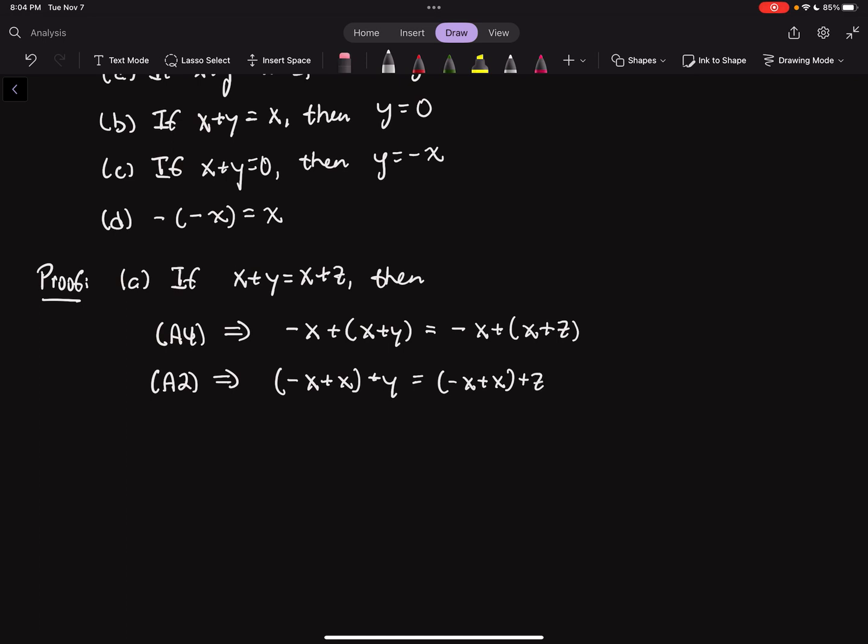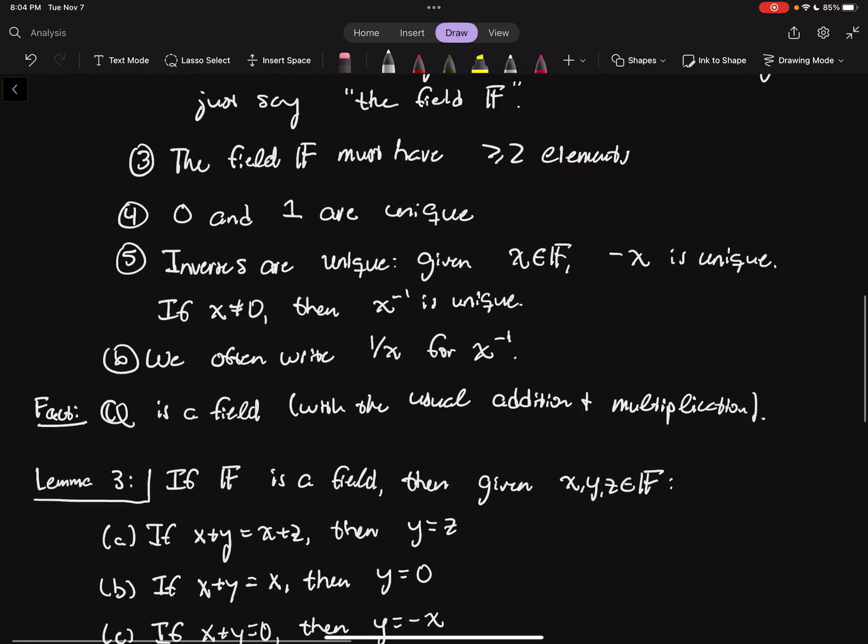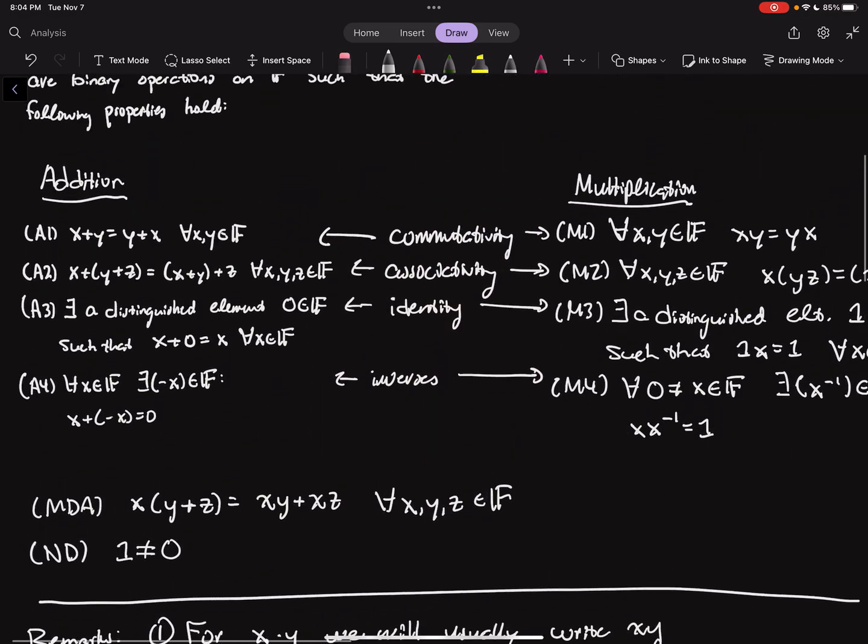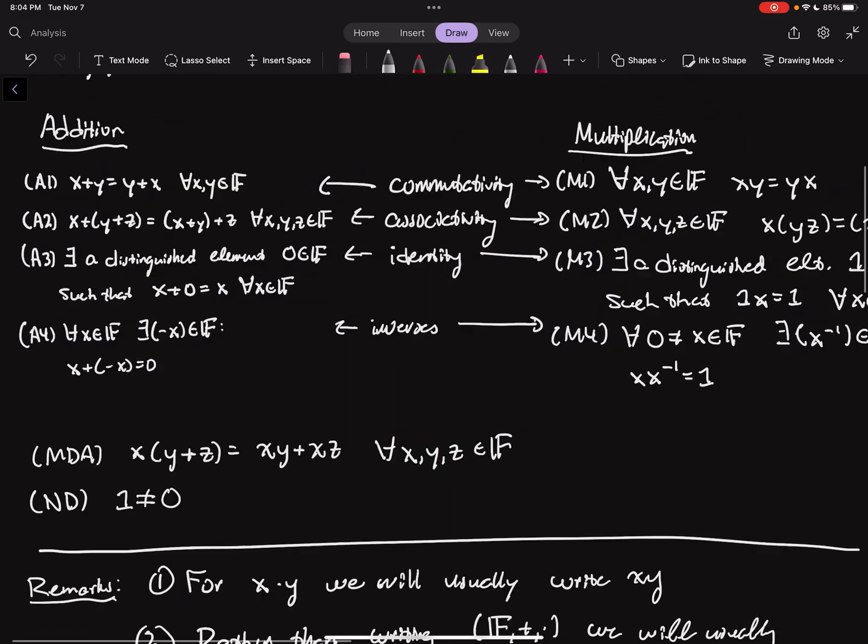Okay, and negative x plus x, well, that's 0, but let's actually be a little more careful, because as we wrote it, x plus minus x is 0.